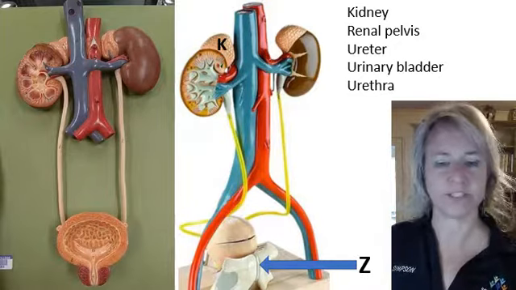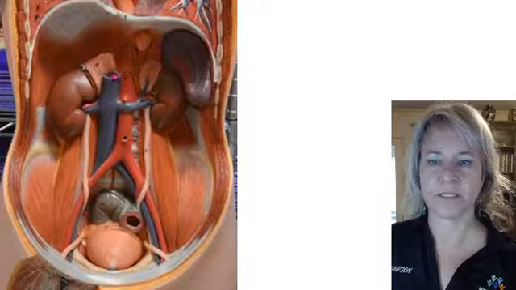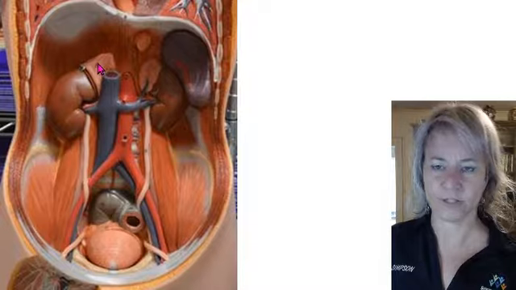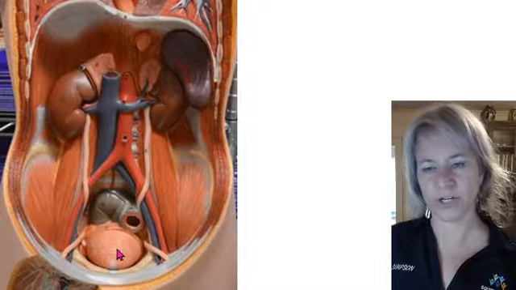This is the urinary system in a torso model. This is a kidney, adrenal gland, suprarenal gland, ureter, urinary bladder.